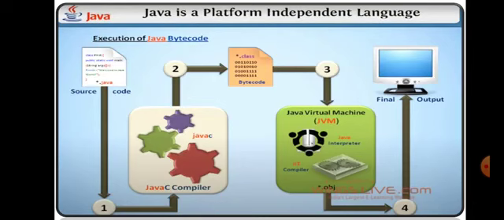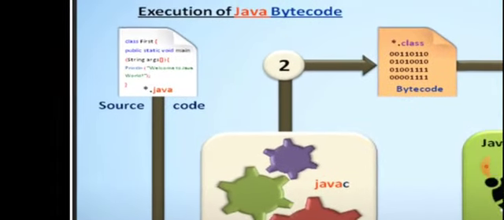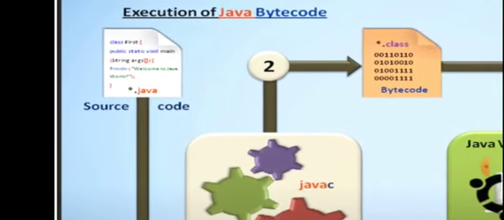Now here, this is very, very important. Now these steps will make you understand how this Java platform is platform independent. That is the first one: how to execute Java bytecode. Here, as you can see, the source code.